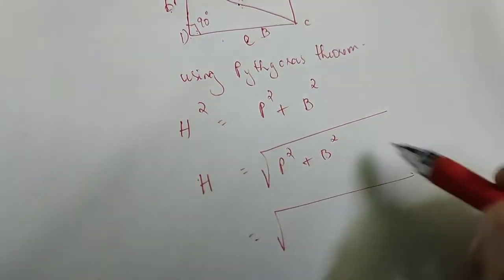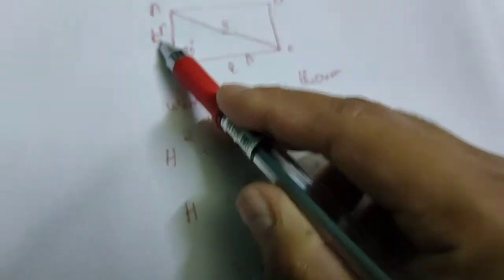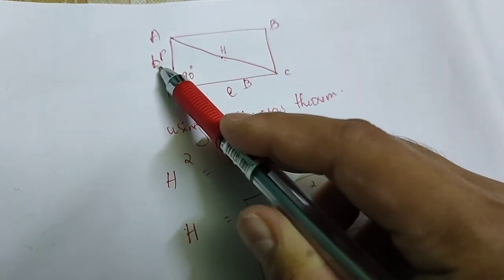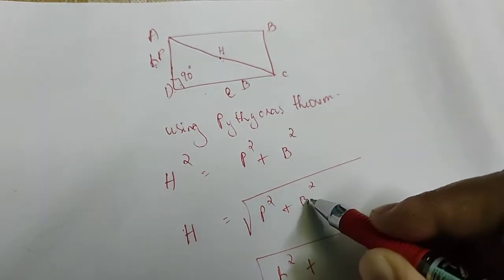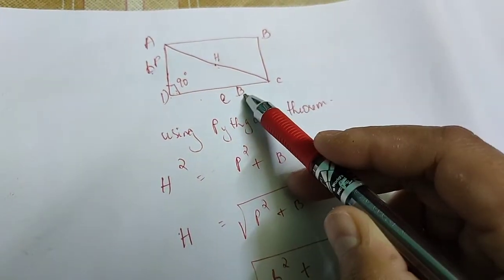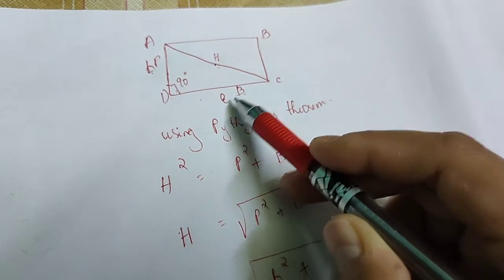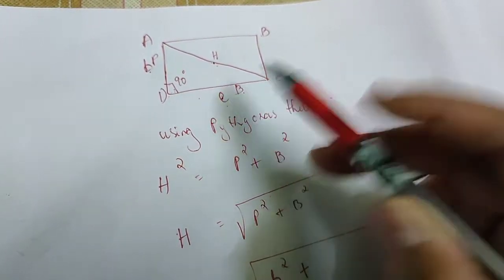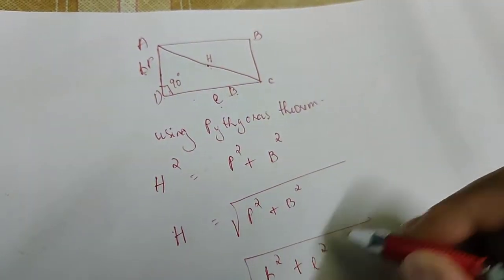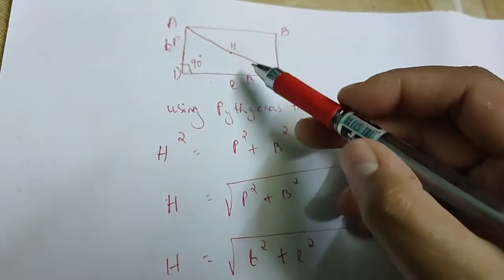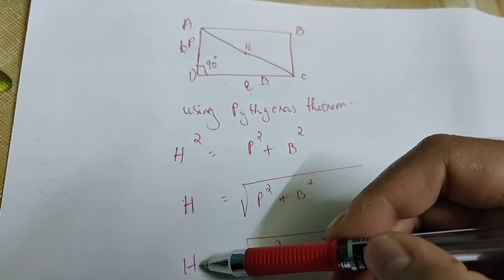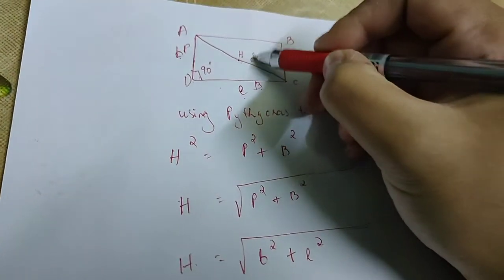What is your p square? Perpendicular is what you are taking as breadth, so b square, plus base square. Base you are taking as L, considering this as your length. And this I am considering as the hypotenuse, or the diagonal.